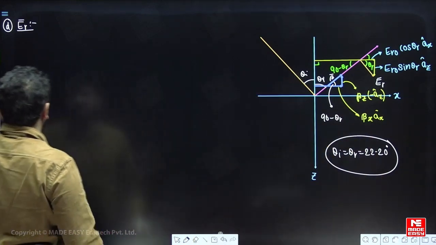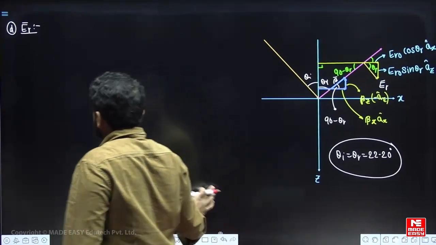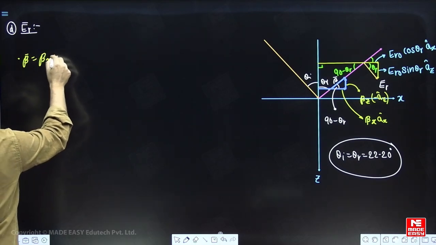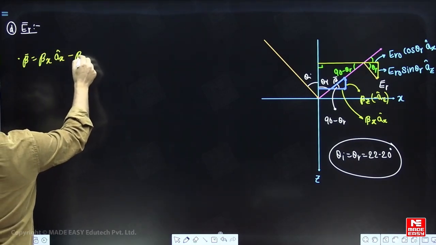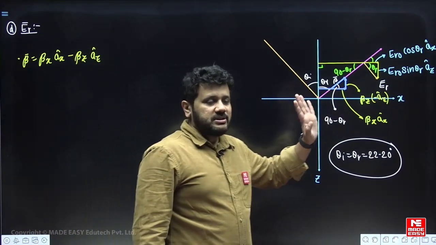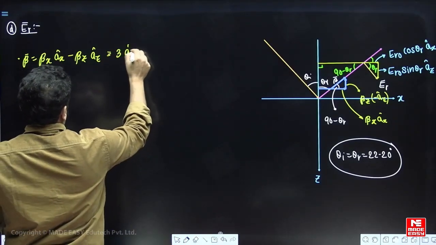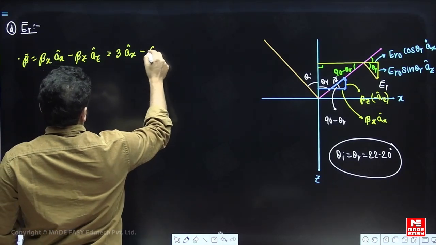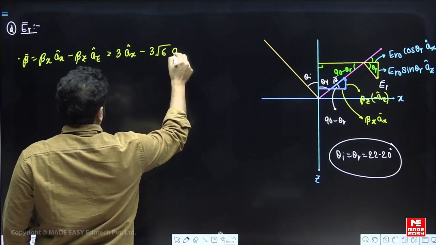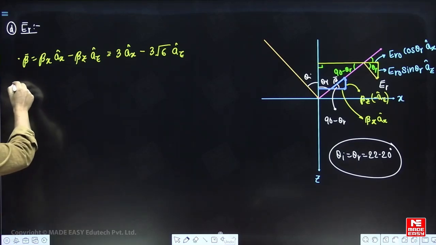Beta vector, right? So what is the beta vector now? Medium is same, right? So beta vector is equal to beta x ax minus beta z az. Beta x and beta z we have already calculated. It is 3 ax minus 3 root 6 times az, right? So this is the beta. What is the R vector?